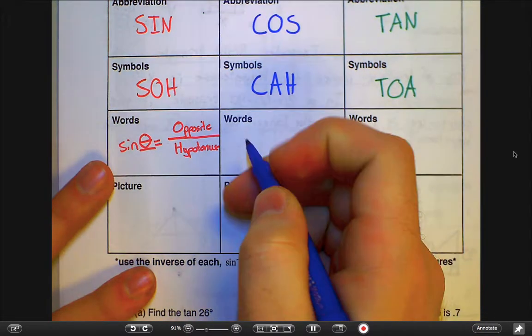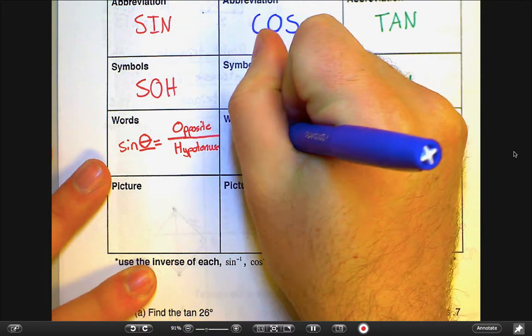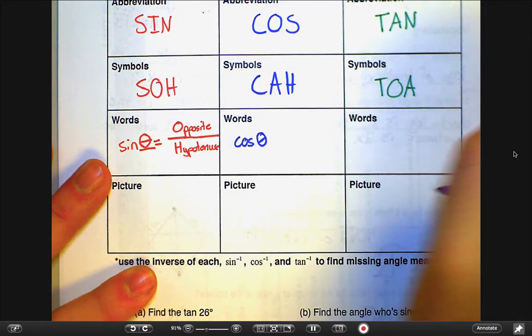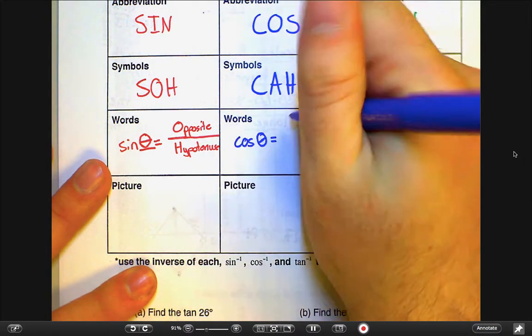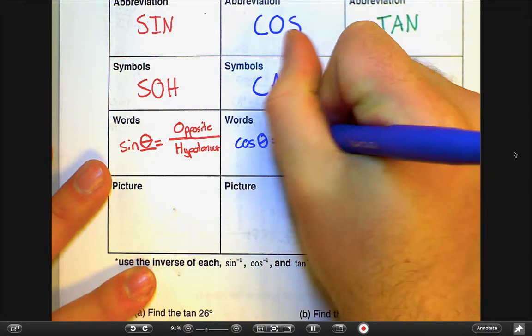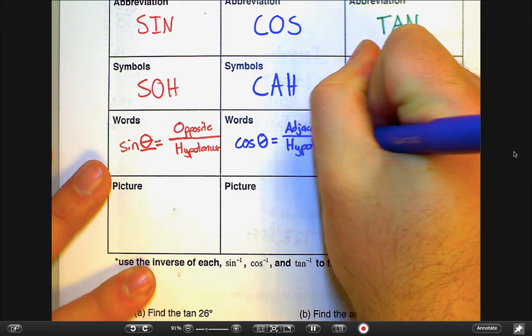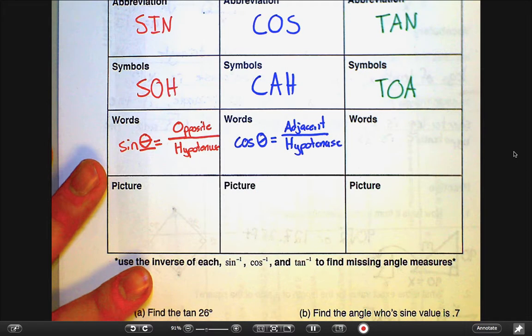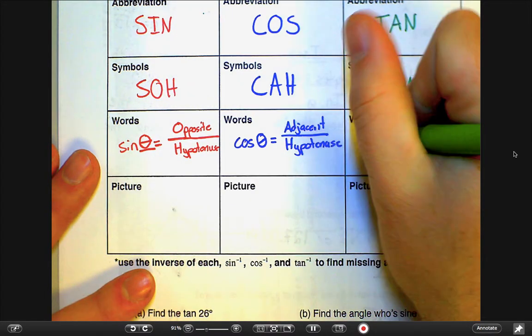And we can do the same thing here for the cosine column, except now instead of sine, I have cosine of theta, and that is going to equal A over H. So A again is adjacent, and H is still the hypotenuse. So we have adjacent and we have hypotenuse. And then the last one, we got tangent.